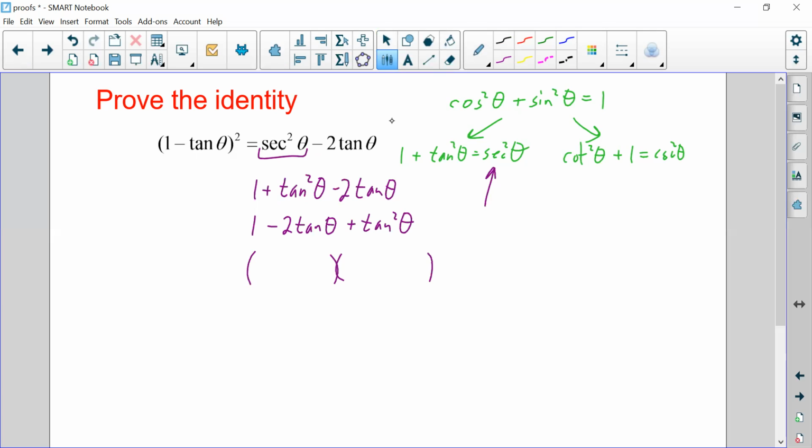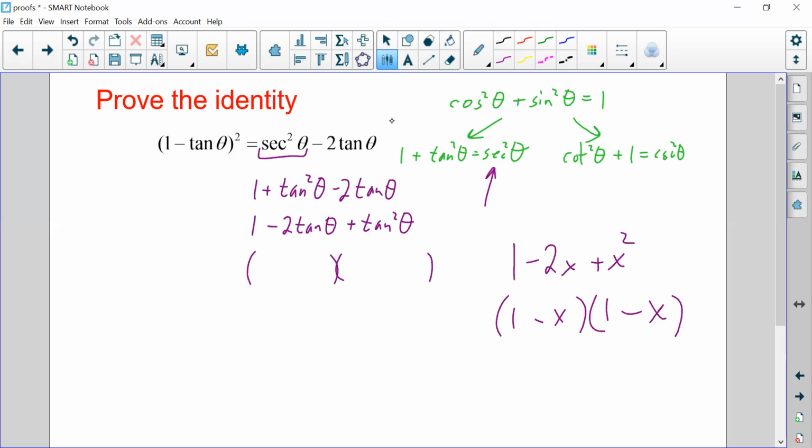Can I factor this? Let me give you the polynomial version. 1 minus 2x plus x squared. Can you factor that? Two numbers that multiply to 1, well, that's 1 and 1. There's no debate there. Two numbers that multiply to x squared, I could have plus x and plus x, or I could have minus x and minus x.